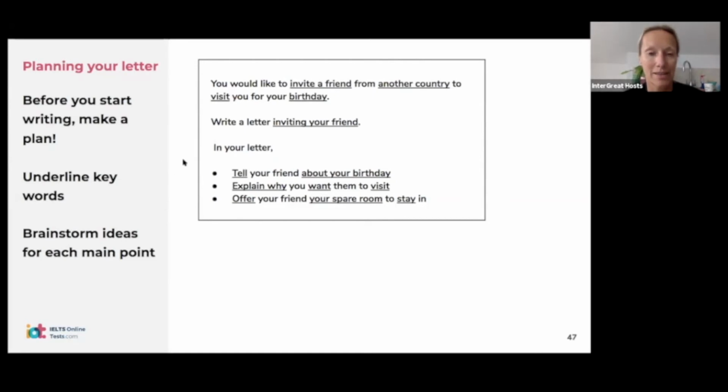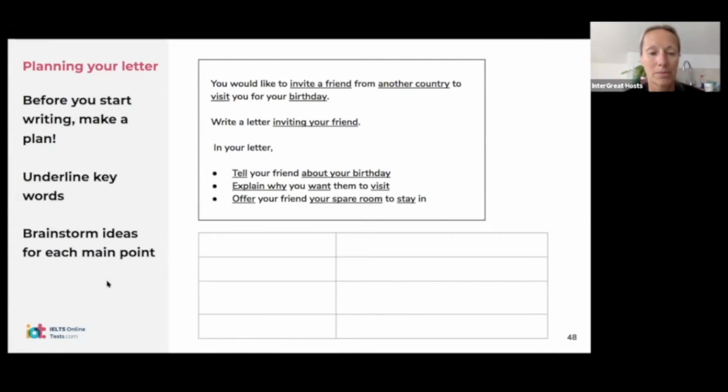Stay. That sounds really obvious, but if you underline these words, you'll make sure that you don't miss anything out, because you've got these 3 bullet points and you have to include everything. You have to answer all these. So you can brainstorm ideas for each point. Let's get some ideas now.